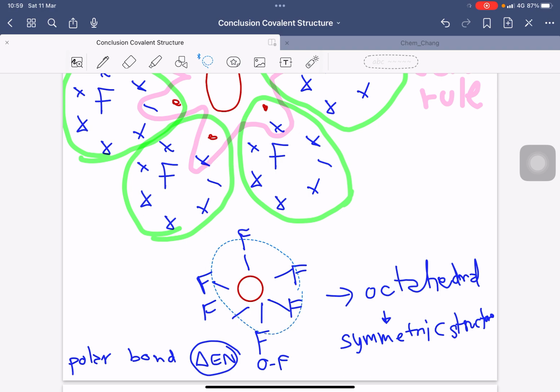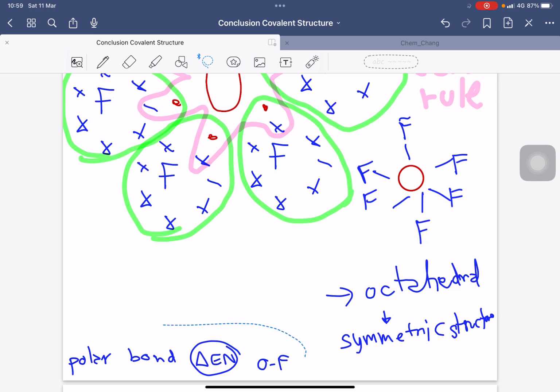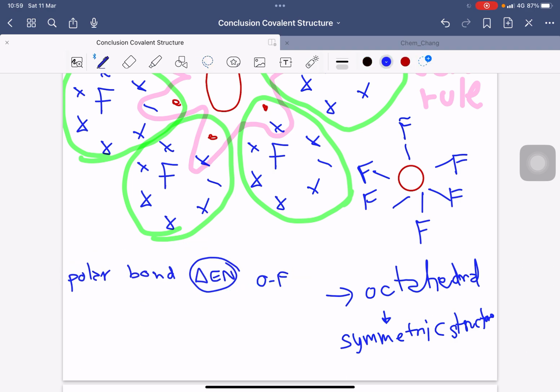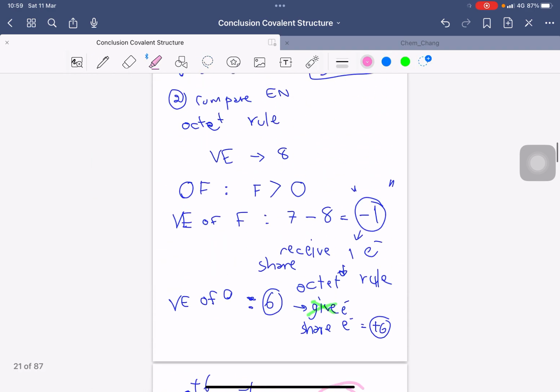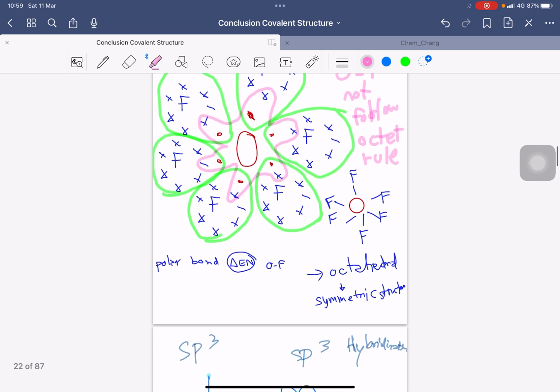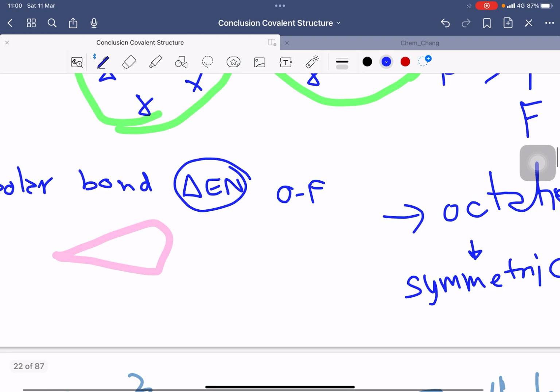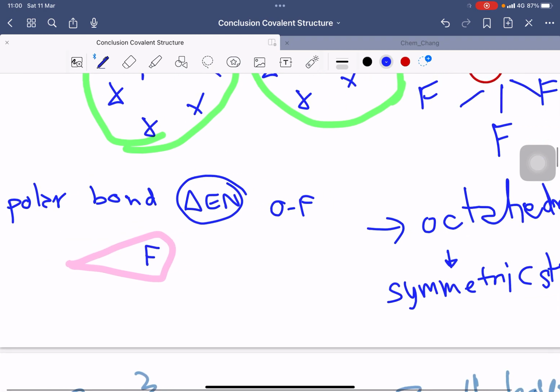But listen a sec, because this is quite new here. So after you know that it will be a polar bond, with a difference in EN, that does not totally mean that you get only minus. It means that when you have a polar bond here, this is the F and this is the O right here, and this is the partial polar.